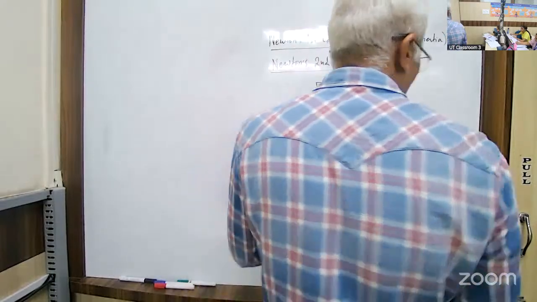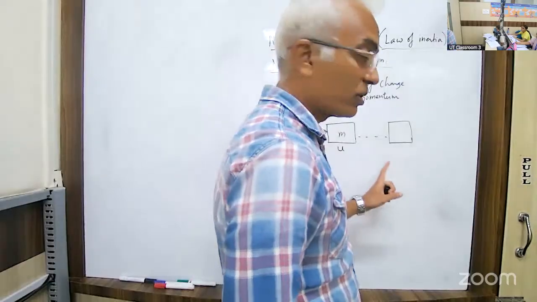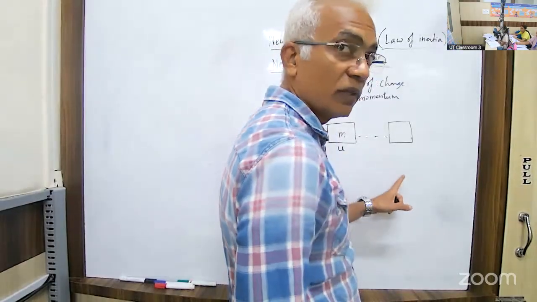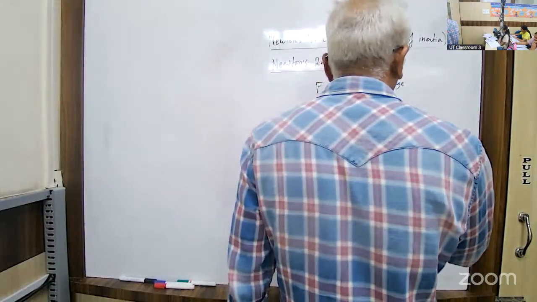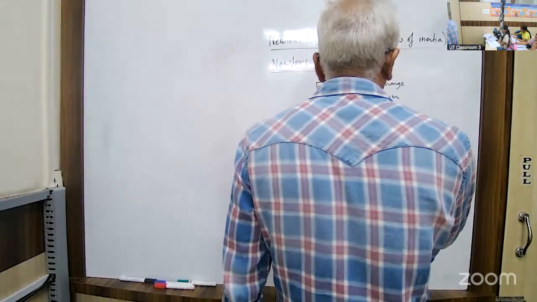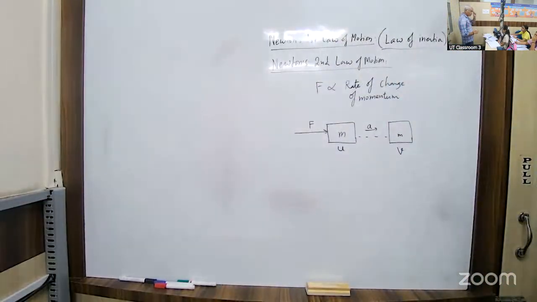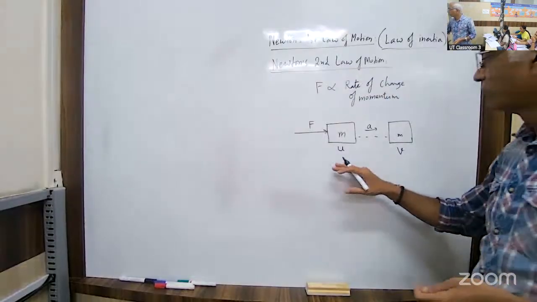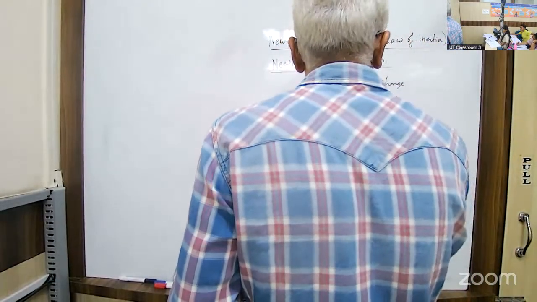When the force is applied, it will accelerate because velocity will increase. From u it became v, because it experienced some acceleration in the direction of force. So what happened? Its momentum changed. So what is the rate of change?